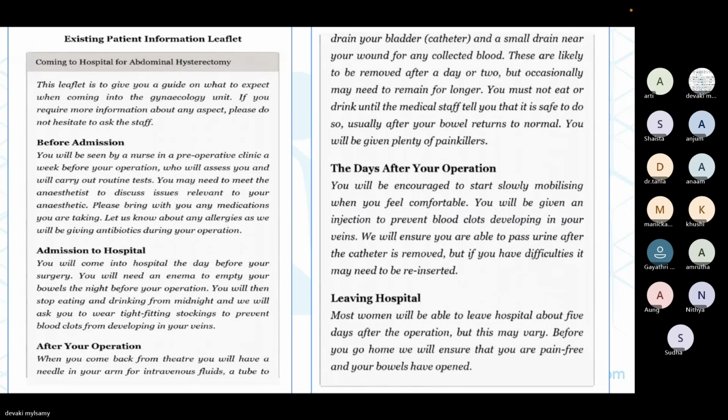Catheter will be removed as early as possible, which needs to be mentioned here. So that all needs to be mentioned here. So the days after your operation, this is creating a confusion. So during operation and after the procedure, that can be mentioned clearly here.